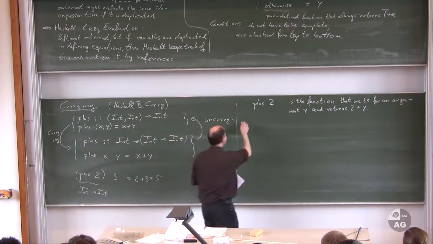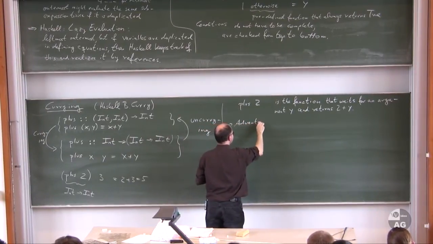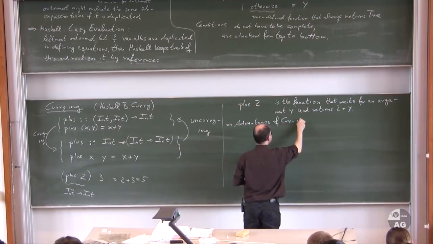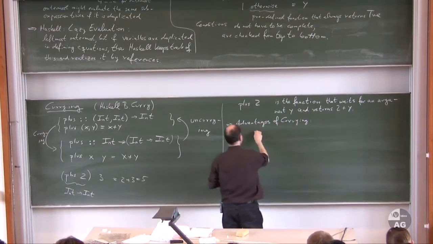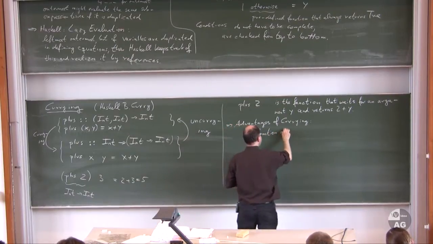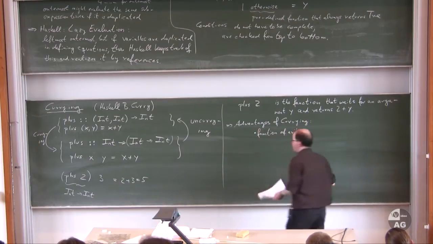So the advantage is, what are the advantages of currying? So a function of arity 2 can already be applied to just one argument.